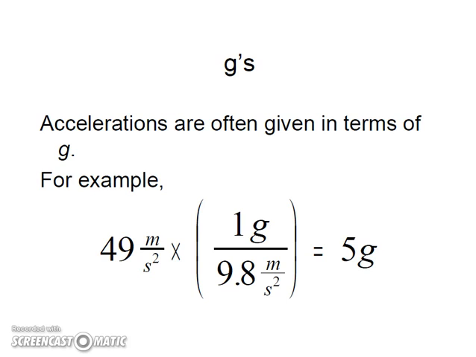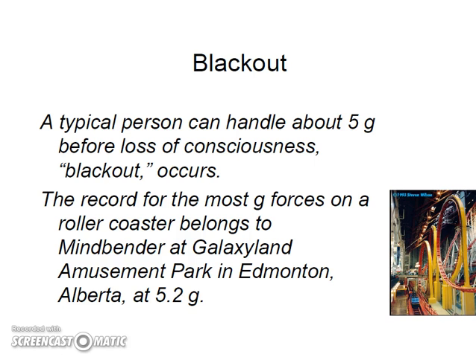So 49 meters per second squared, we can say that's 5 g's. The human body isn't real good with accelerations. We can typically handle about 5 g's before we pass out when we're in an upright position.